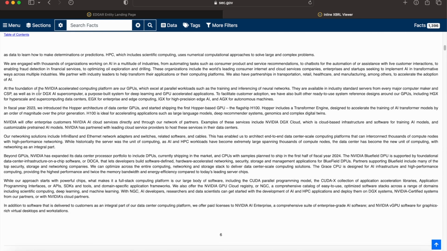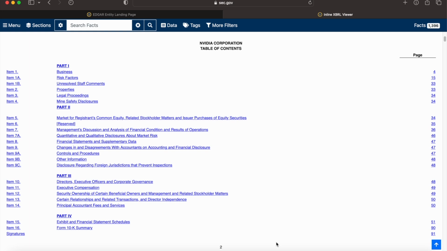Another crucial portion within the Form 10-K is the MD&A section, or Management Discussion and Analysis of Financial Condition and Results of Operations. The company's management comprehensively analyzes and discusses the financial performance of the company and its current condition.